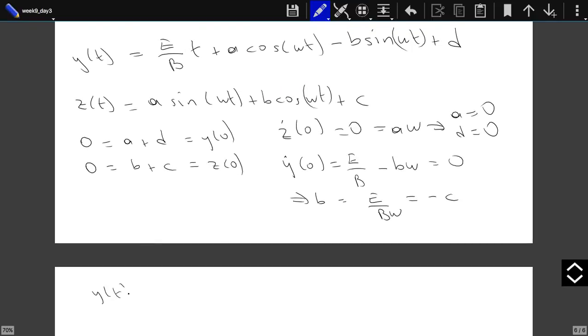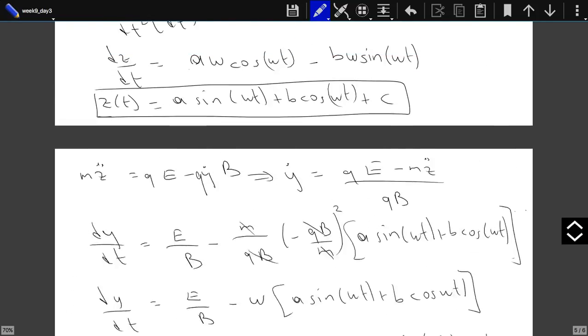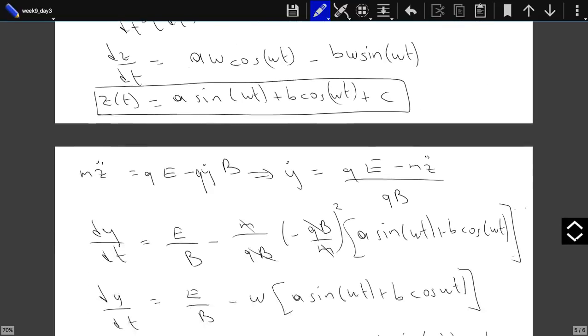So y of t is equal to E over the magnetic induction times t. A is 0. B, we said that it is E over small b. Well, omega is qB over m.